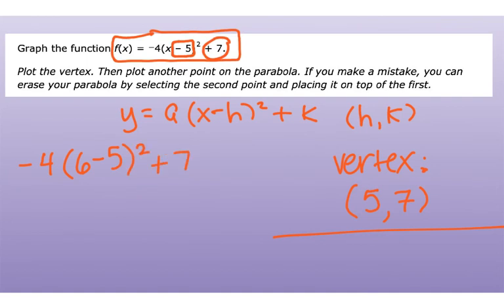It also makes the math easy because it equals 1. 1 squared is 1. Negative 4 times 1, and then we're going to add 7, sorry. Negative 4 plus a positive 7. That means that my y value is going to be a positive 3. So my other point that I'm going to graph is going to be 6, positive 3.